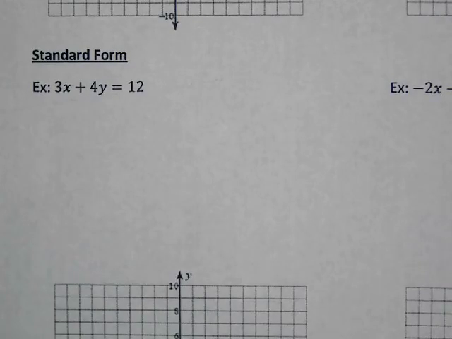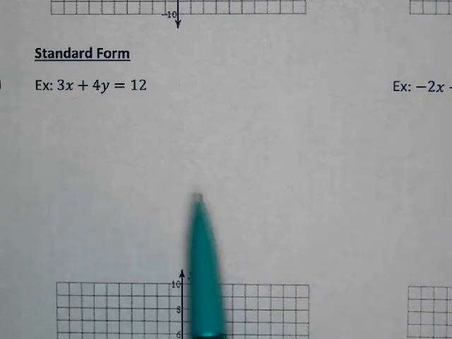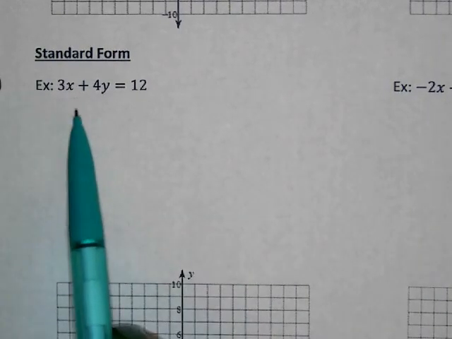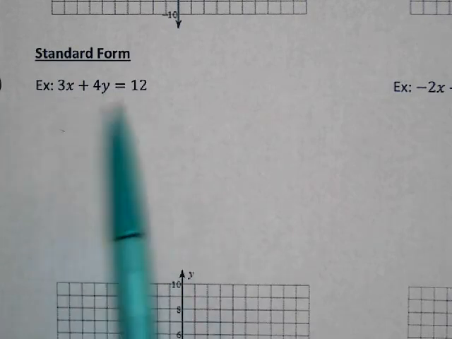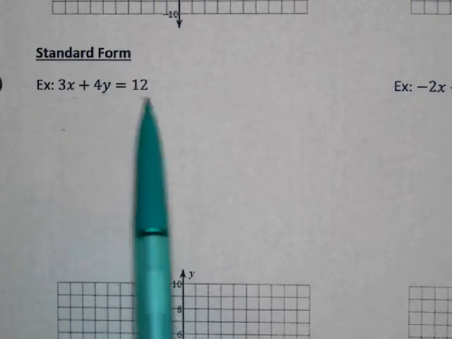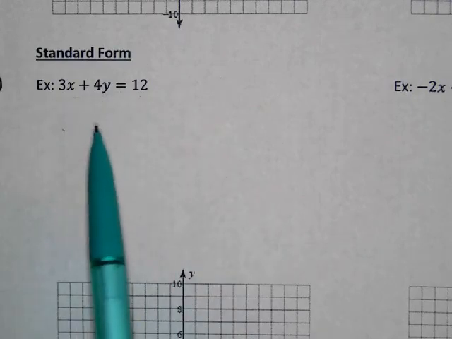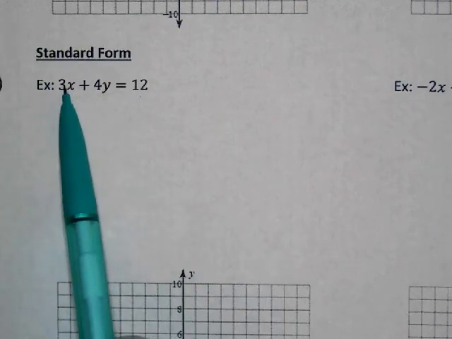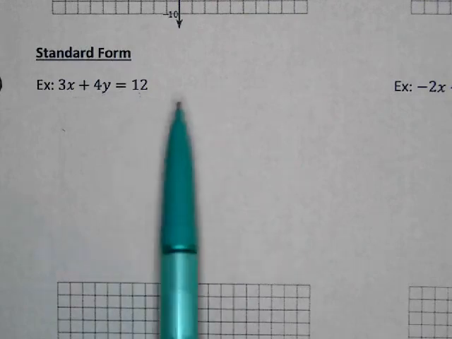So in standard form, the x and the y are on the same side. The number is on the opposite side from the x and the y. So the first thing that we always have to do in the standard form is we have to take the x and move it over with the number, because our goal is to get y equals mx plus b.